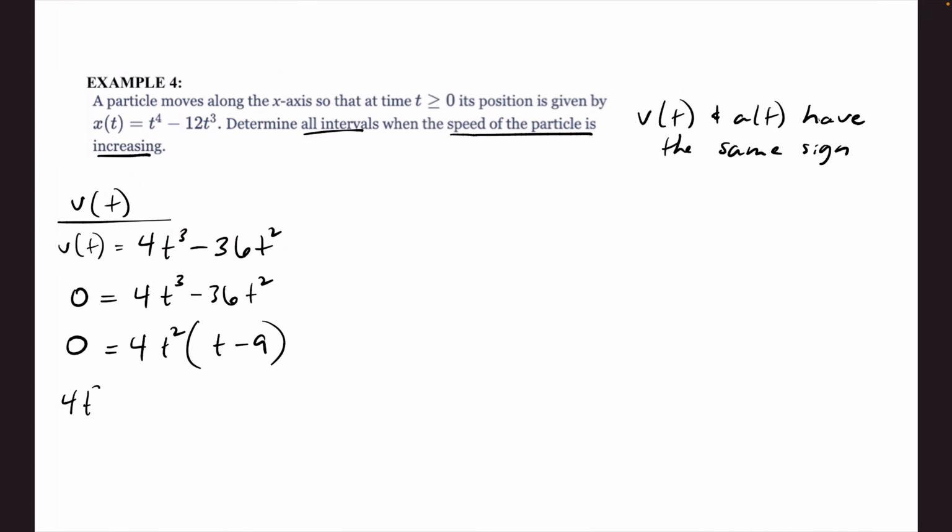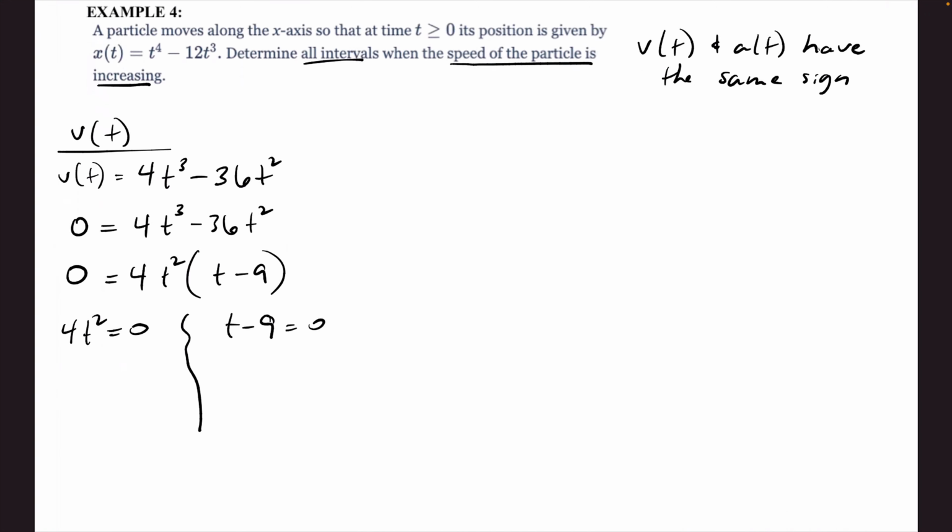So 4t squared equals 0, and t minus 9 equals 0. So t equals 0, and add 9 to both sides, t equals 9.